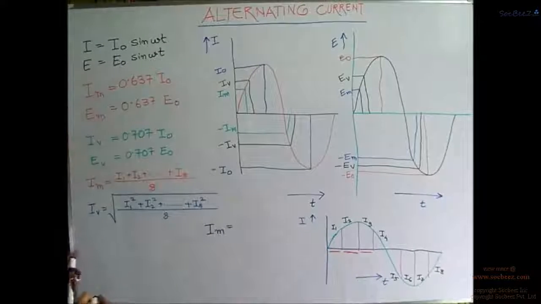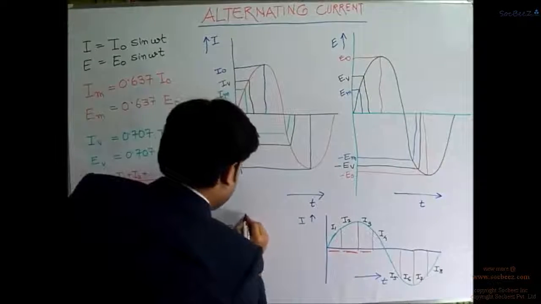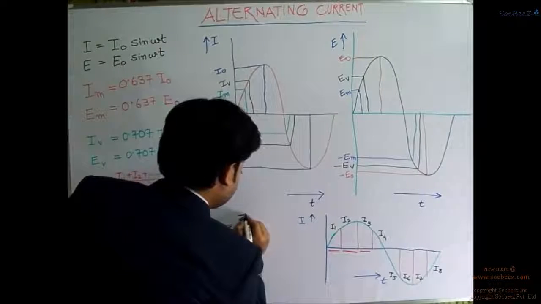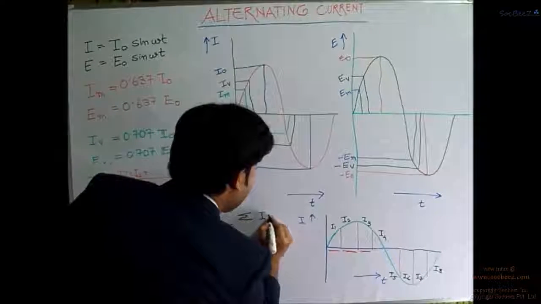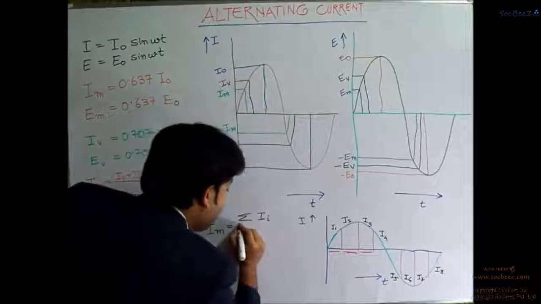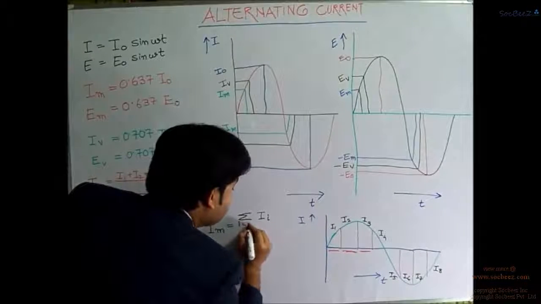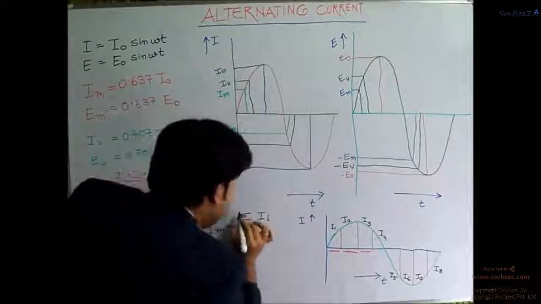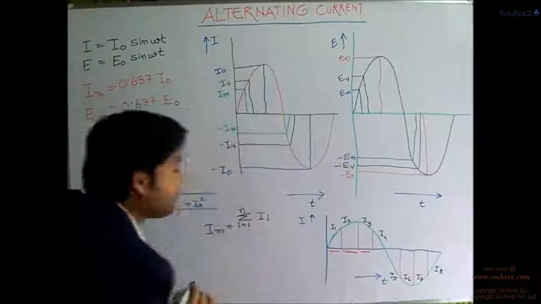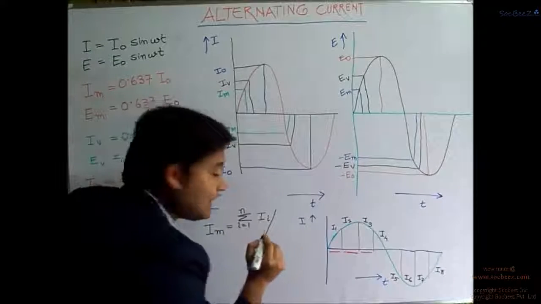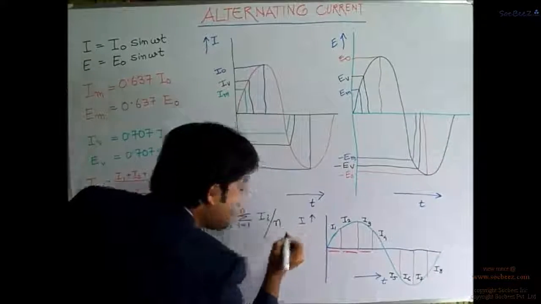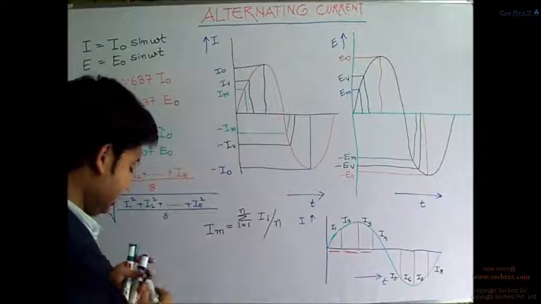So we could write IM equals the summation of I, where I equals 1, summated up till n, divided by the number of observations n, right?